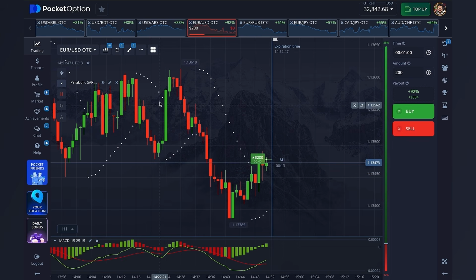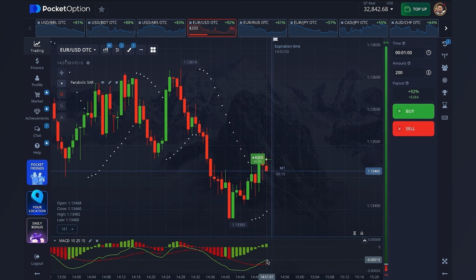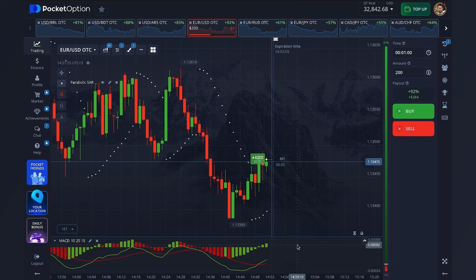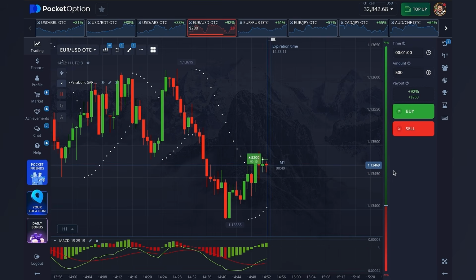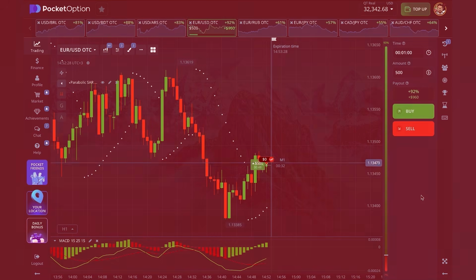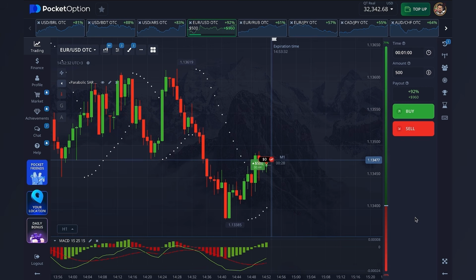On Parabolic SAR, if dots are above price, it's bearish. If below, it's bullish. That's it. So only when both indicators confirm, we enter. This is the rule. So I test the strategy quite wild with different settings, and today is one of my tests, so you also can check how it performs, you know.